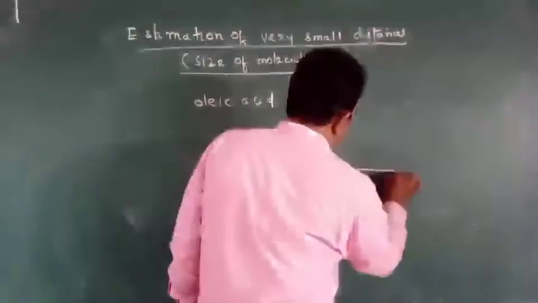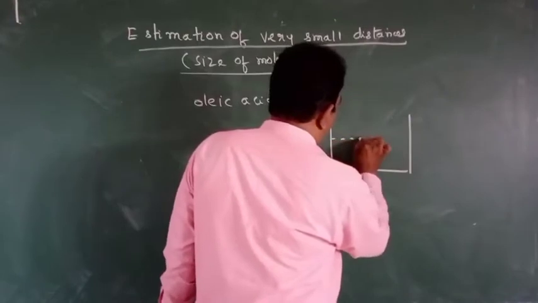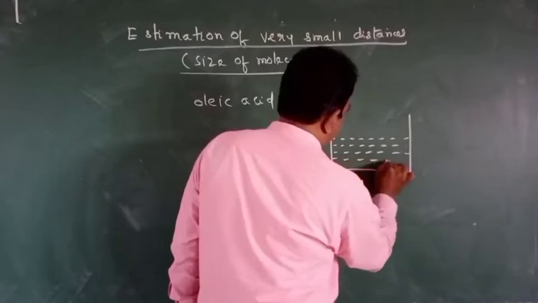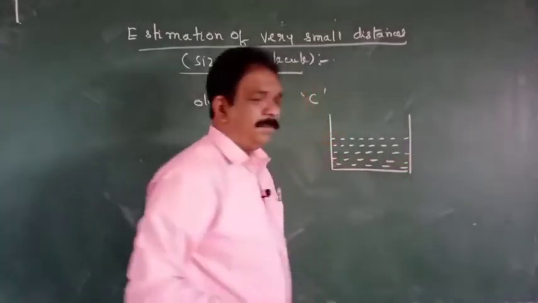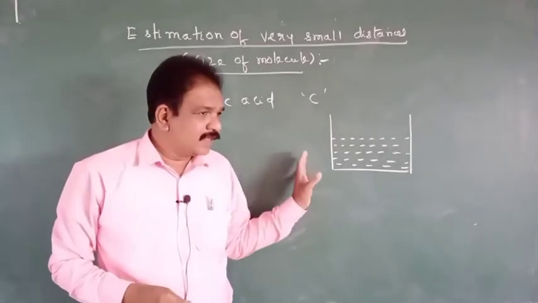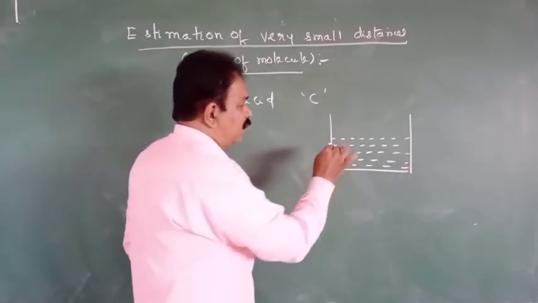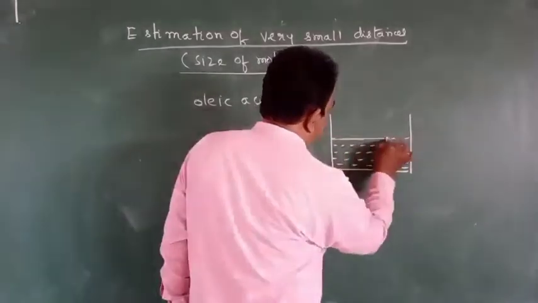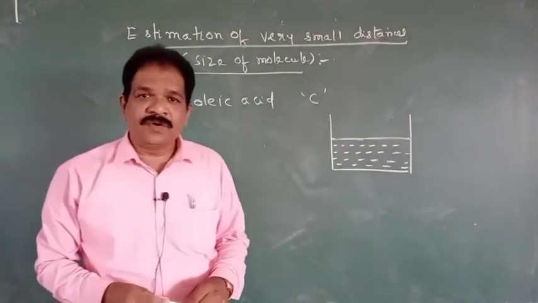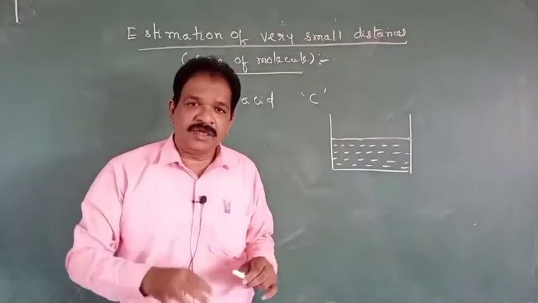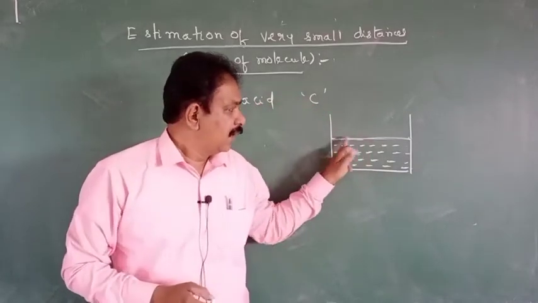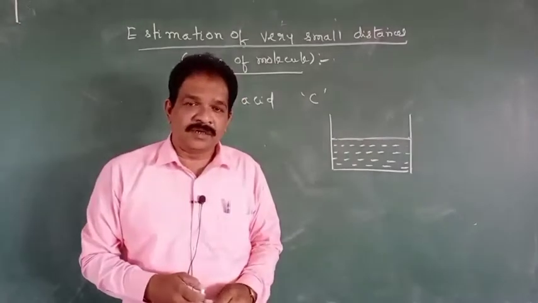Then in a big trough, water we had to take. Understanding? On the surface of the water, we had to spray charcoal powder. That charcoal powder will come to the upper layer of the water.